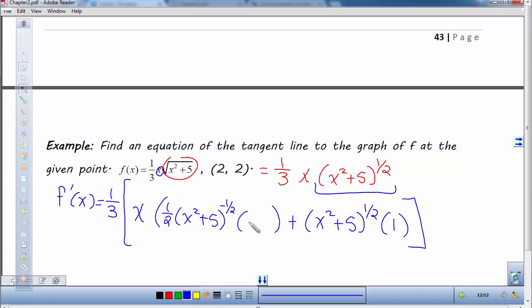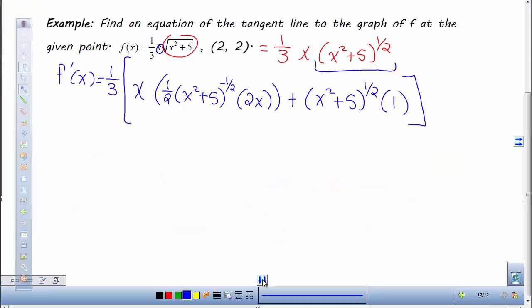Got to go inside and take the derivative of the inside. Times 2x. Okay, that's my derivative. Questions about that?